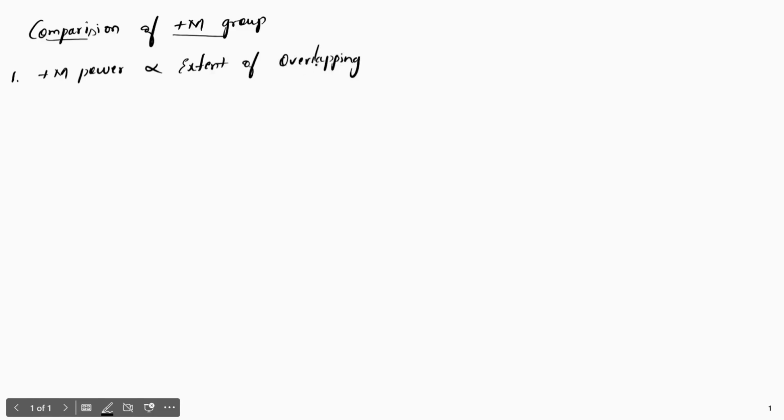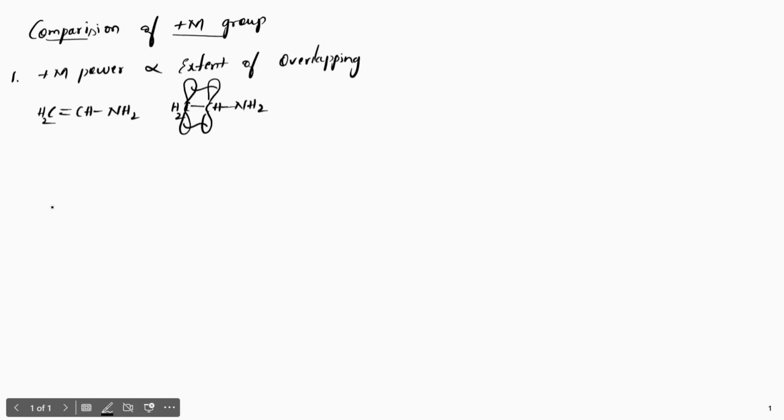For example, consider CH2 double bond CH single bond NH2. This can also be written as CH2 single bond CH single bond NH2. Here the p orbitals of the carbon atoms overlap to form a pi bond.